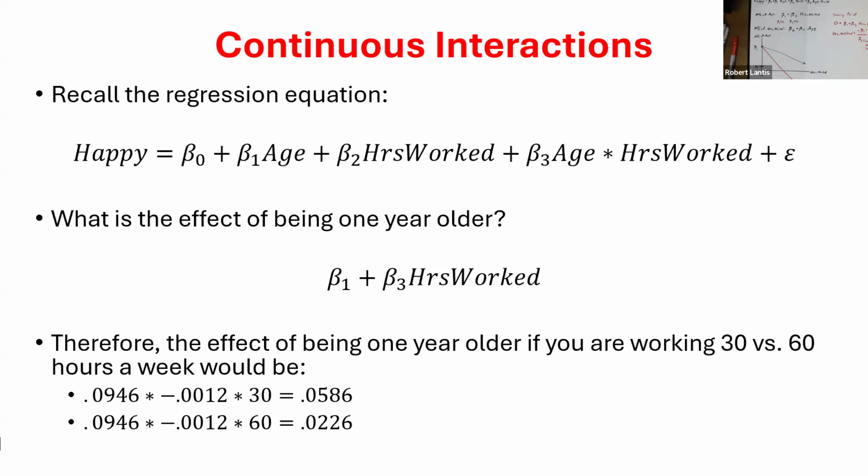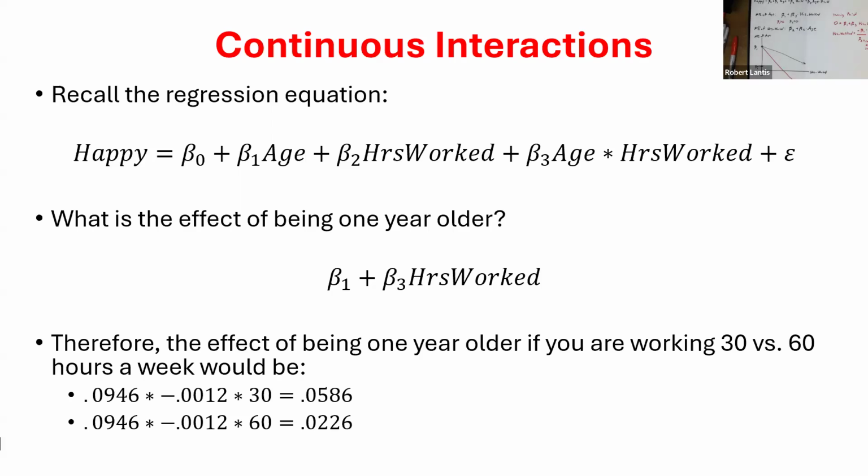Notice, being 1 year older, does that increase or decrease my happiness? Well, being 1 year older, it's increasing my happiness. But if I'm working more, what is that getting closer to? 0, right? Being 1 year older really does not make me happy if I'm working 80 hours a week. Being 1 year older, I'm happier if I'm only working 20 hours a week.